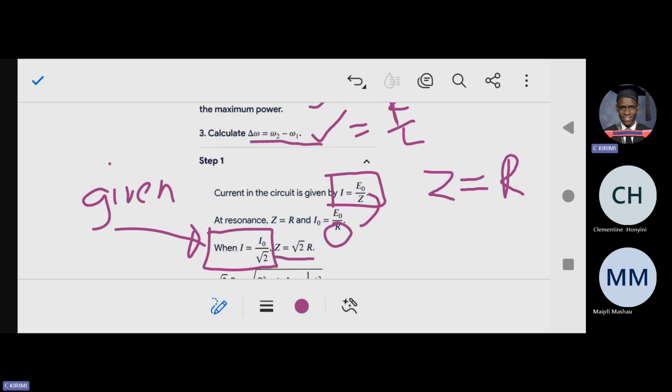Z is equal to R. When it was at resonance, we cancelled everything and we found that Z is equal to R. Now, where is the idea of saying Z is equal to root of 2R coming from? Where are we getting that idea from? What is I naught equal to?